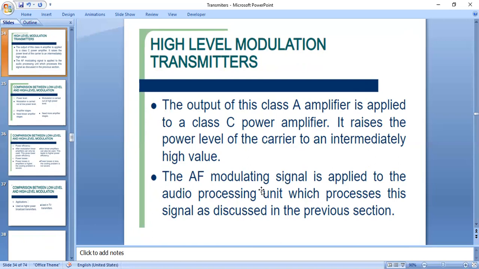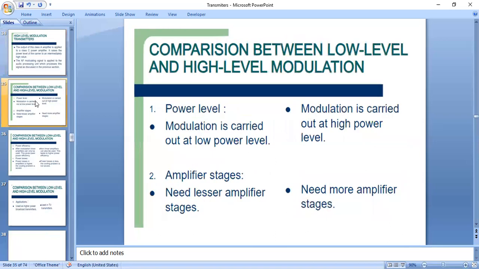So both the RF signal and the audio frequency signals are power amplified. And also in high level modulation, a high power class C power amplifier will be used, so that the RF signal power will be very, very high. So these are the differences between the low level and high level AM transmitters.